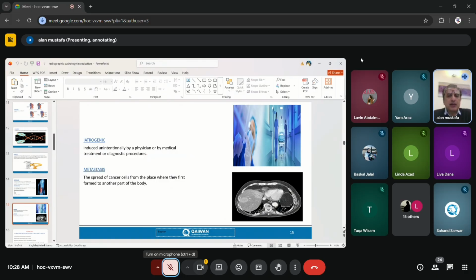If the CT tells me everything is clear, it means the cancer is in stage 1, and the treatment is very easy. But if the CT scan tells me there are cancers in the liver and the lungs, it means this is stage 4, and the treatment is very difficult. So it's very important. Please remember metastasis.